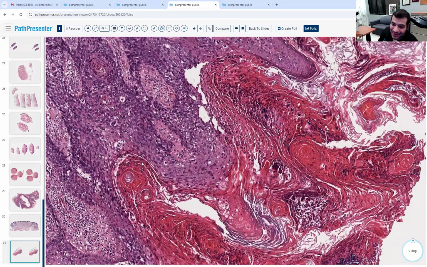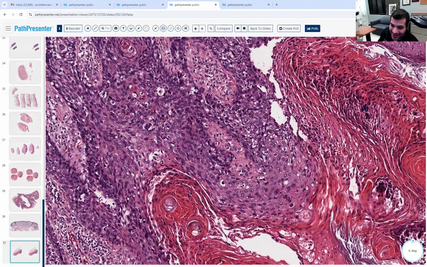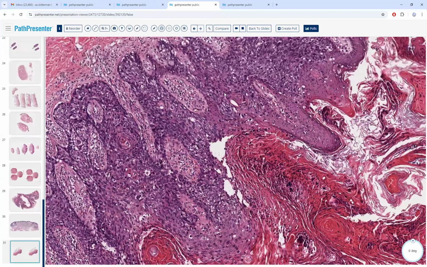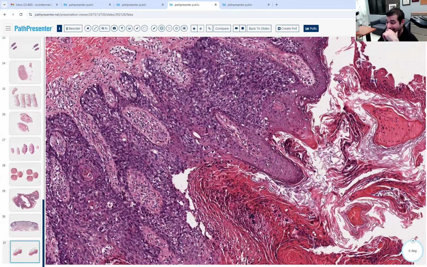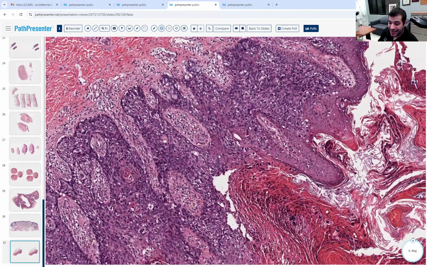And what kind of pattern is it when these vacuolated cells are coming up? Pagetoid. Yeah. Periocular sebaceous carcinomas can exhibit this. So sebaceous carcinomas, can they do pagetoid extension?